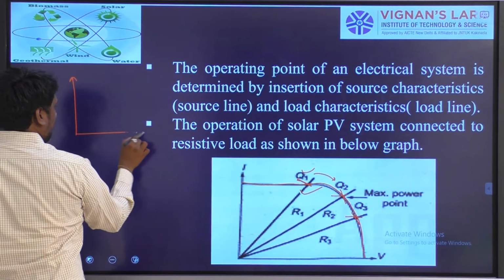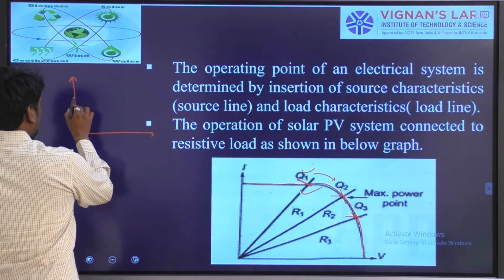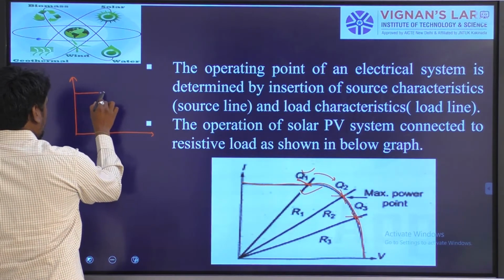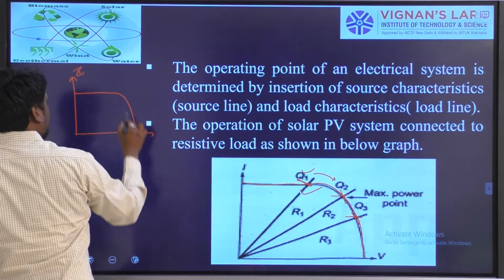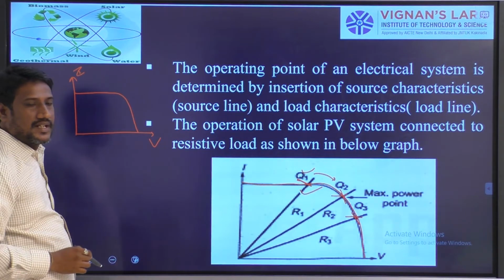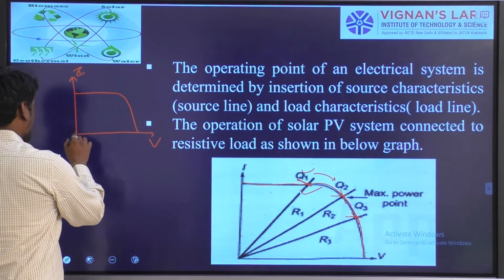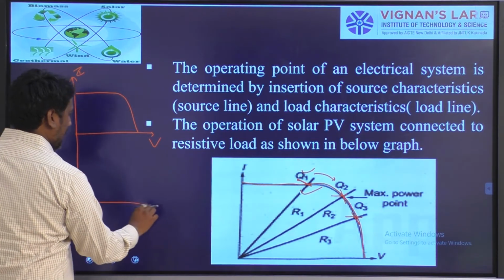These are the IV characteristics of the PV cell. Corresponding PV characteristics I am also drawing.